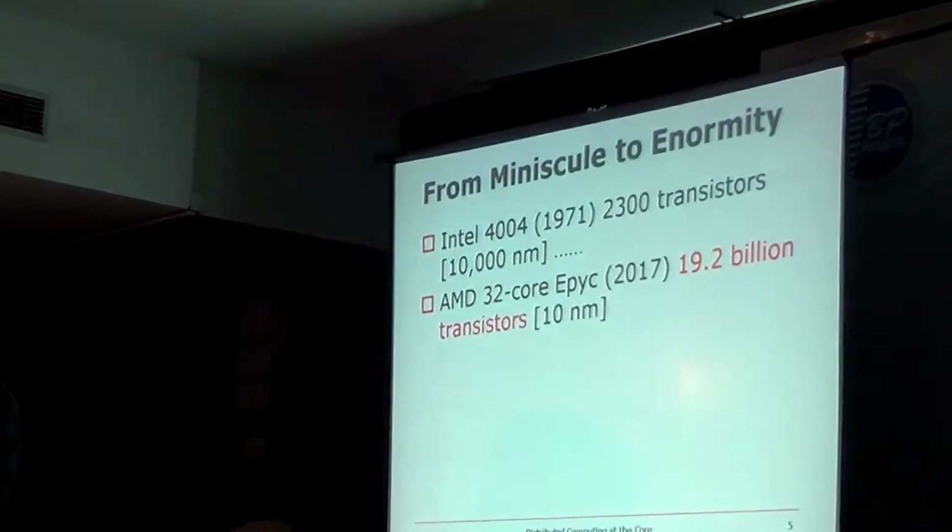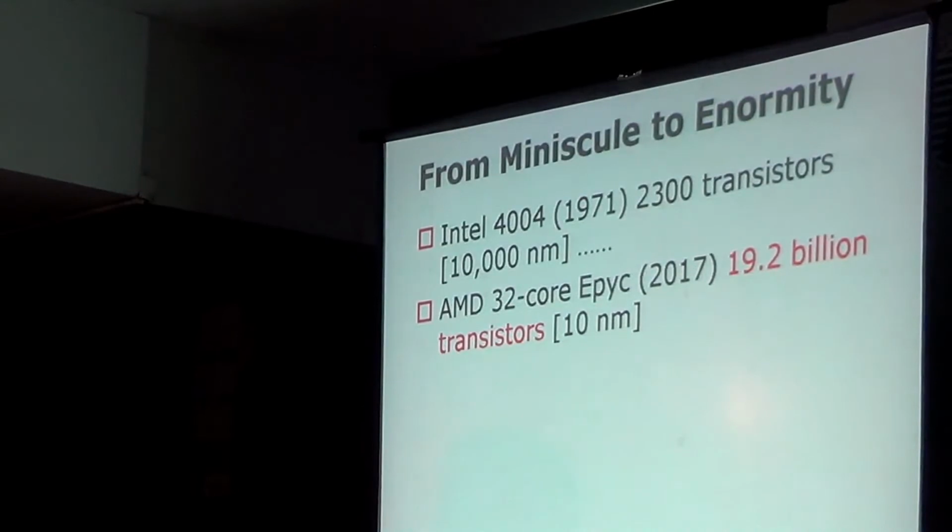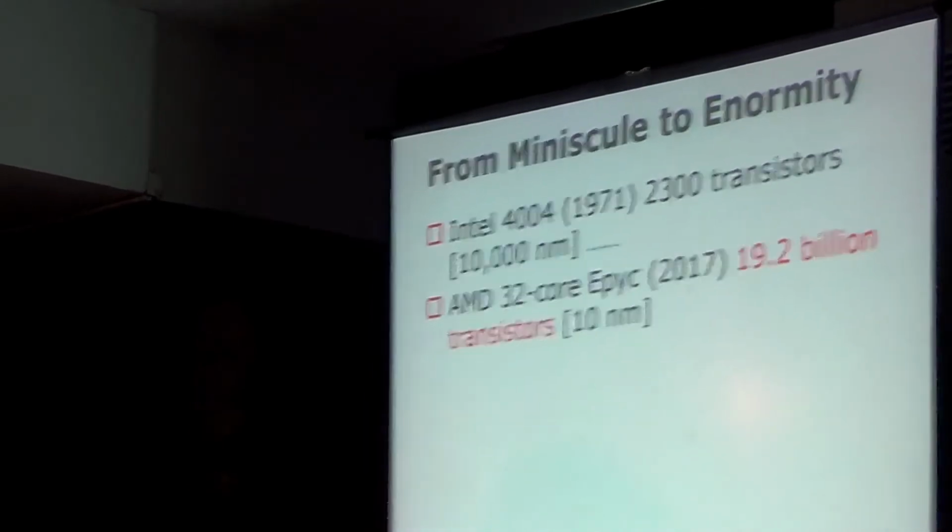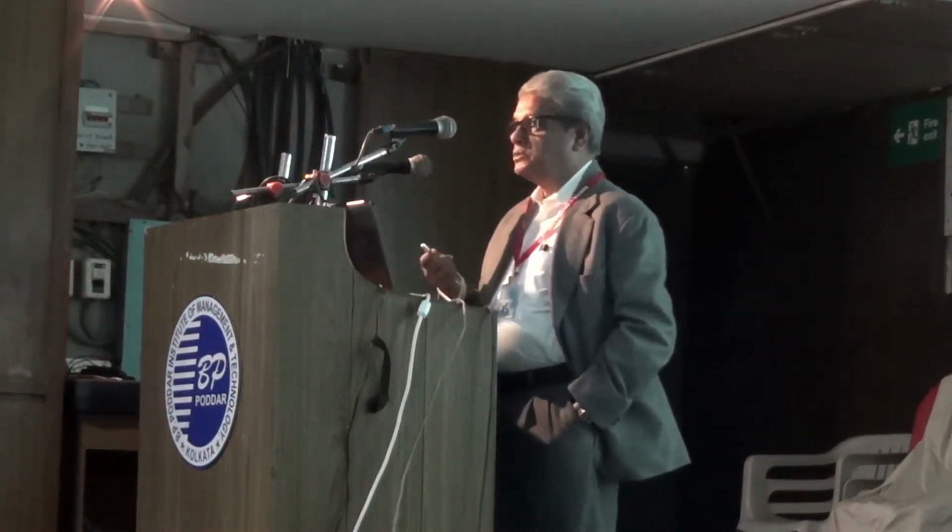If you come to 2017, this AMD 32 core EPYC has 19.2 billion transistors. And it's 10 nanometer, the size of the transistor, so you cannot see that even with a microscope because it's less than the wavelength of light. If you calculate that, you would find that in these 46 years or so, it really is almost 2 to the power of 23. So that's the kind of vision that Moore's law had given.